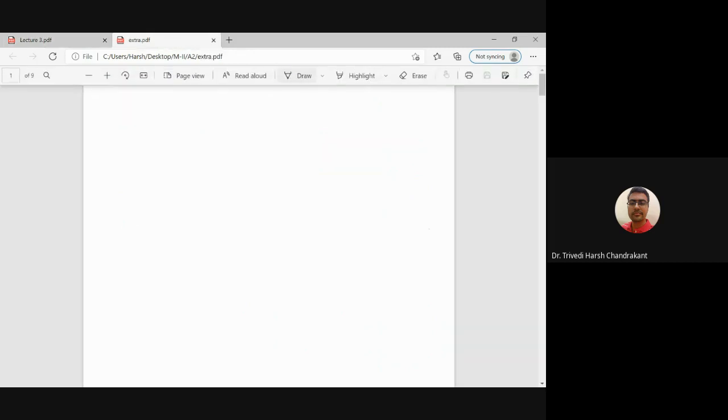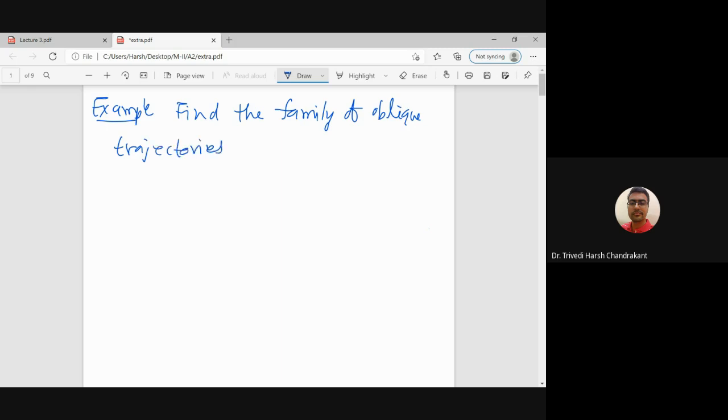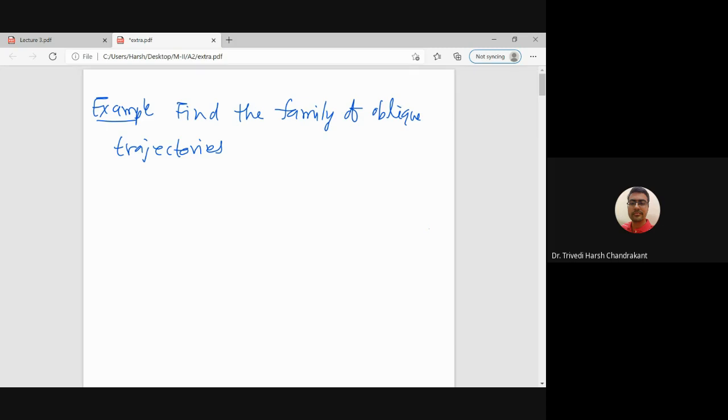So in the example, we want to find the family of curves. Whenever the angle is 90 degree between curves, it is called orthogonal trajectory, and whenever the angle is other than 90 degree, it is called oblique trajectories.